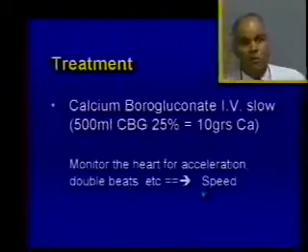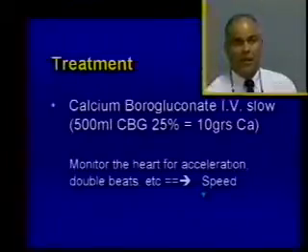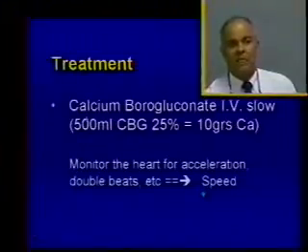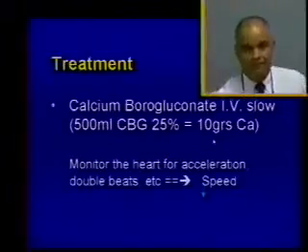The treatment, of course, is to relieve the hypocalcemia. The most common treatment is a calcium borogluconate solution given intravenously, slowly. So 500 mLs of a 25% calcium borogluconate solution provides about 10 grams of calcium, and this is what we need to correct the hypocalcemia.